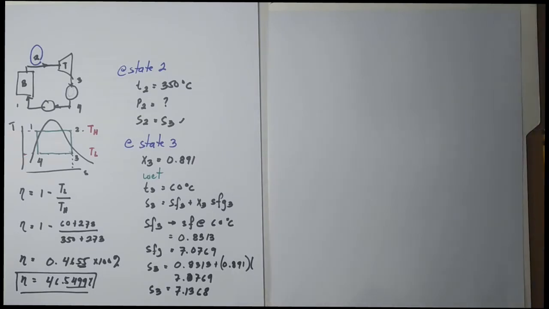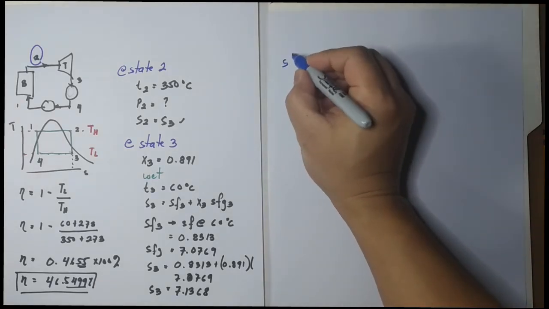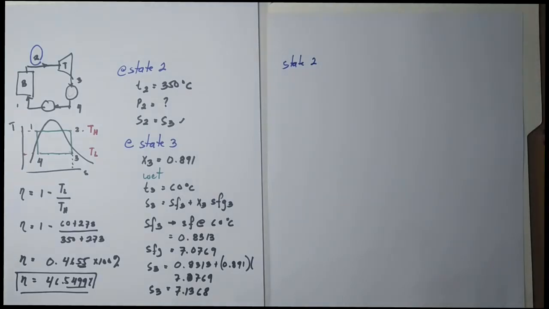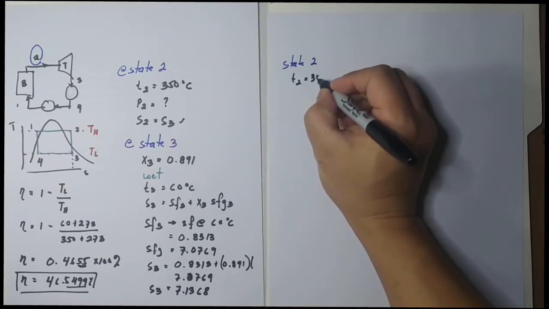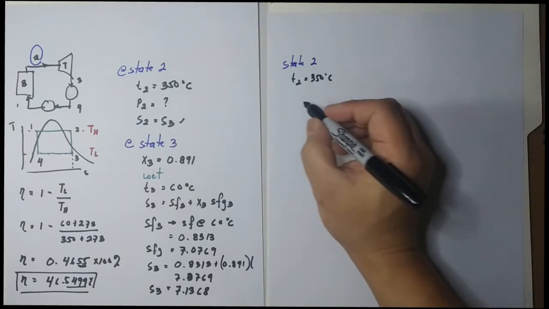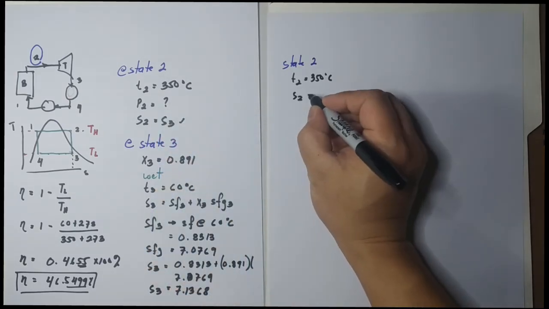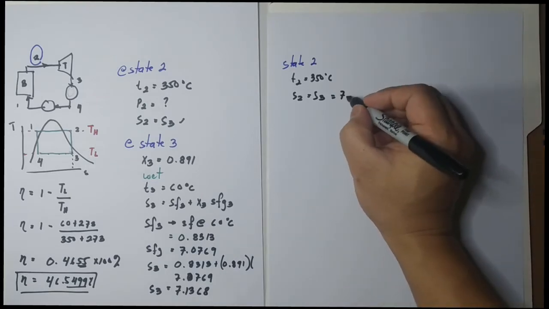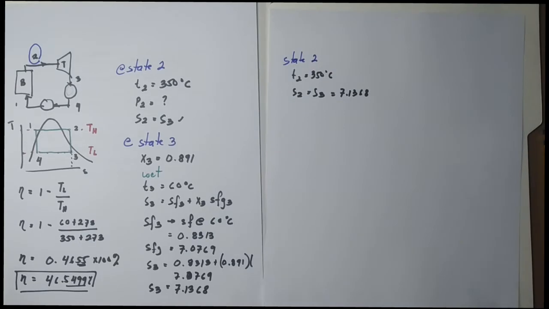So, balik tayo sa state 2. Okay. So, again, meron kang T2, 350 degrees Celsius. Kaya unknown yung P2. S2 equals S3 at lumalabas na 7.1368. Okay?